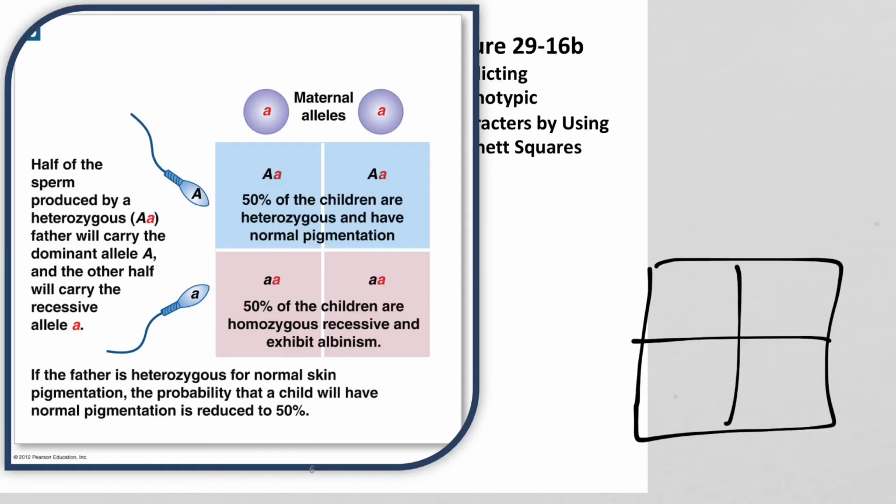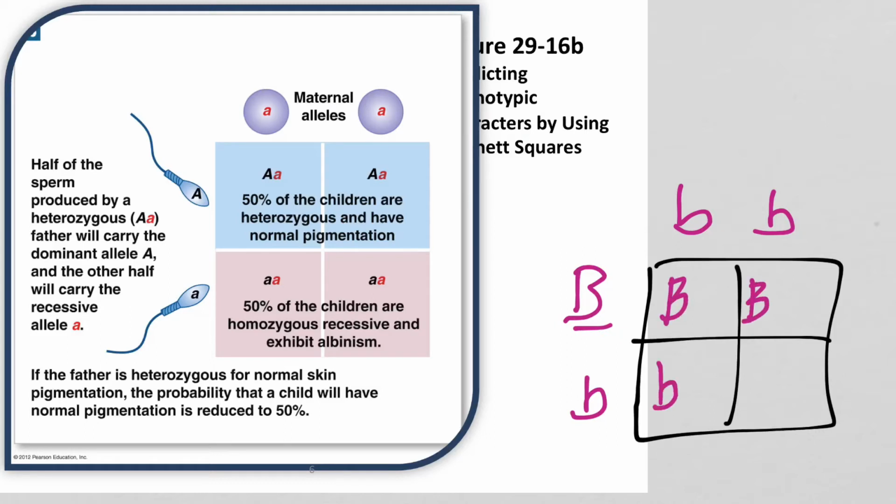Father goes down the side, and heterozygous is big B, little b. Mother goes across the top, so that's homozygous. Homo means same. Recessive will be the lowercase. So this half of papa's sperm have the brown-eyed gene, and this half of papa's sperm have the blue-eyed gene. And this half of mama's eggs have the blue-eyed gene.